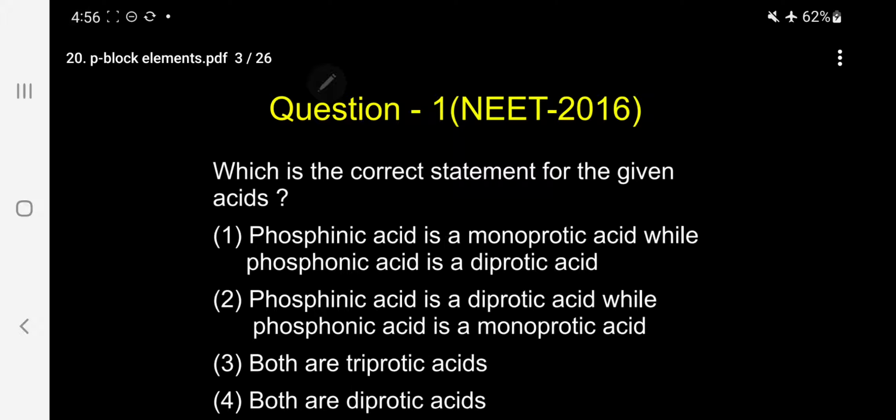As per syllabus, we have to study the relationships, similarities, comparisons, important compounds, everything under this. Okay, let me start now question number 1, which was asked in the year 2016.